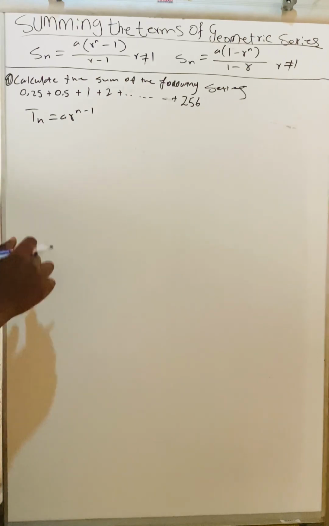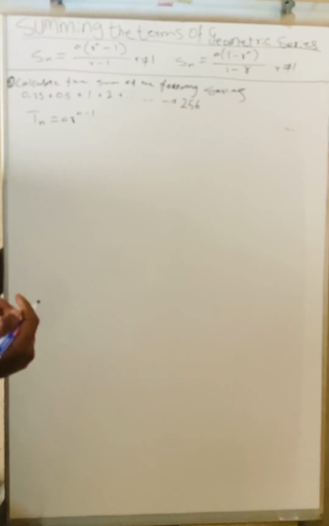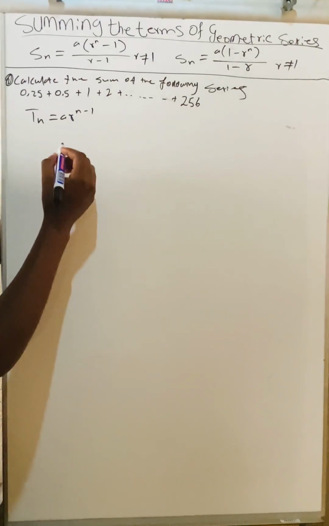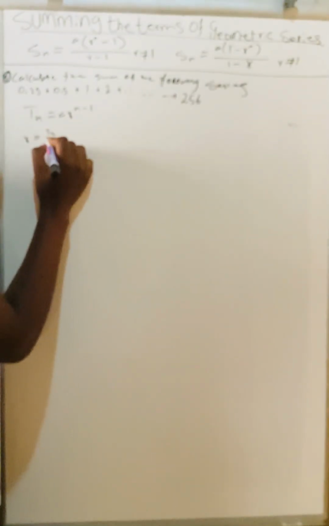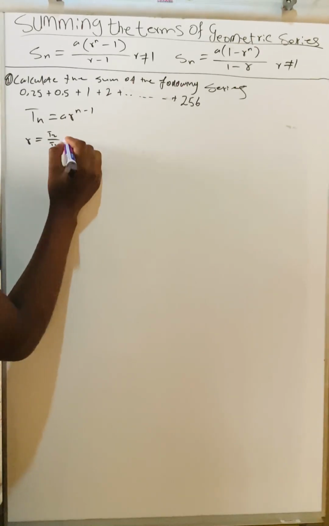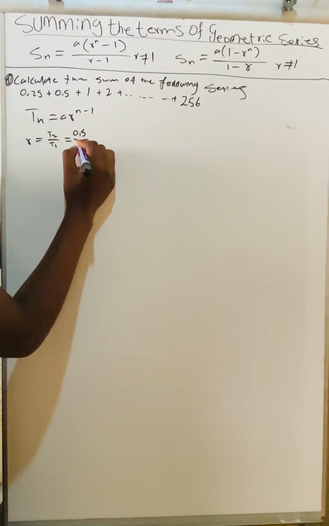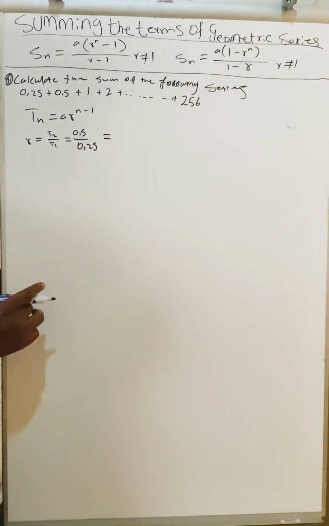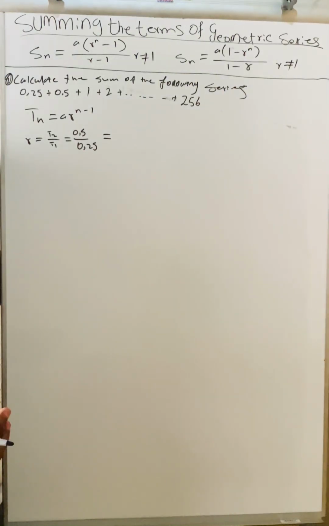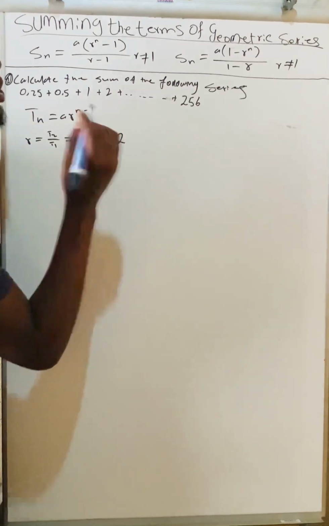From here, we know our A, but we don't know our R. We can determine R. Let's determine R. We say R is equal to T2 over T1, which is 0,5 over 0,25. When we punch it on the calculator, you will get 2. Your R will be 2.